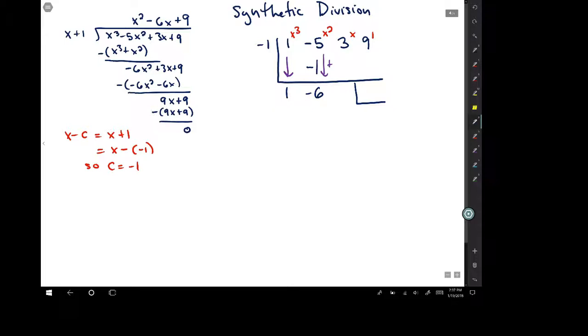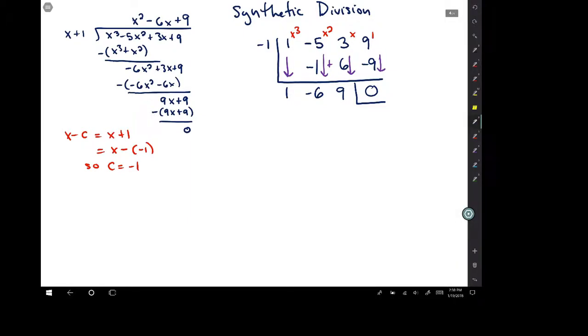And I multiply by the minus 1, so I get 6. I add vertically, and I get 9. I multiply by minus 1, I get minus 9. I add vertically, and I get 0, which is exactly what we expected. We have a remainder of 0.